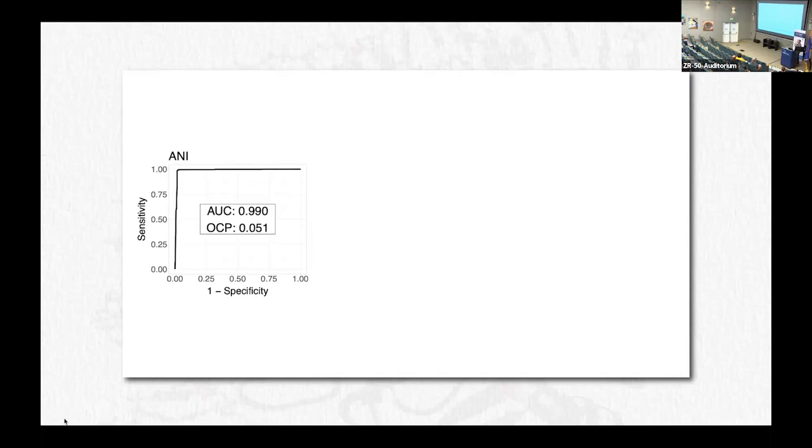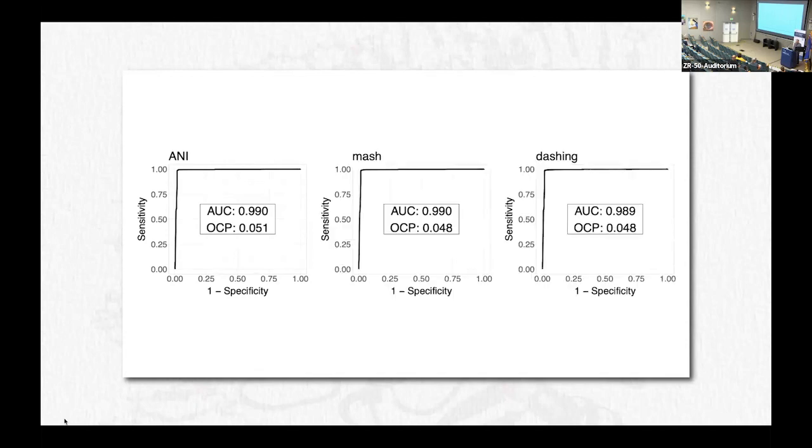So I thought, now I'm going to laugh. But here's what we got with MASH and Dashing, which do similar things, still 0.99. More than 3 months, less than an hour. And you get exactly the same quality of separation, only a different threshold to cut the species. That's the OCP, the threshold.